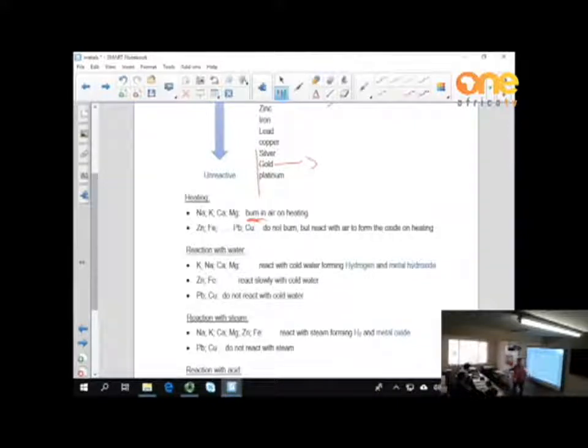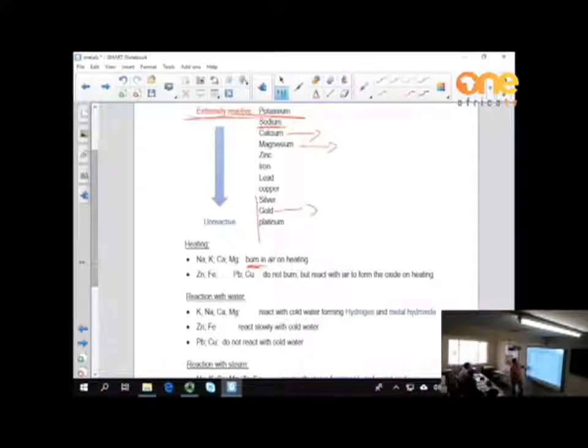Sometimes potassium and sodium, I can just leave, but if you heat it up, it's going to go even better. Then the elements zinc and iron, from there, they don't burn. I can heat them up, they won't burn.